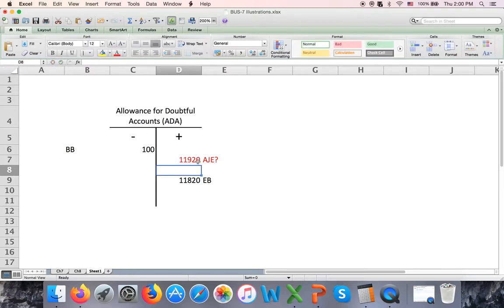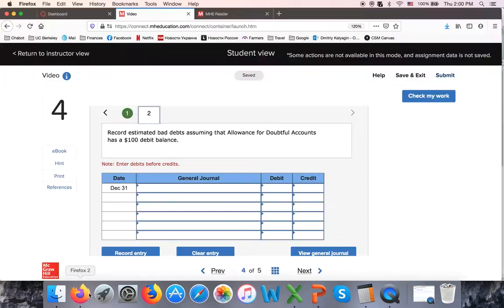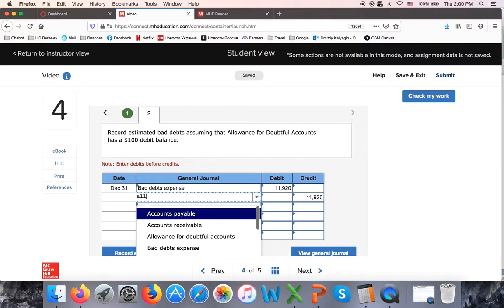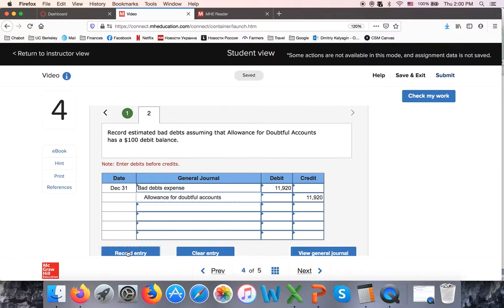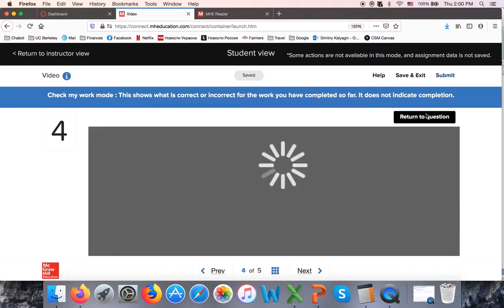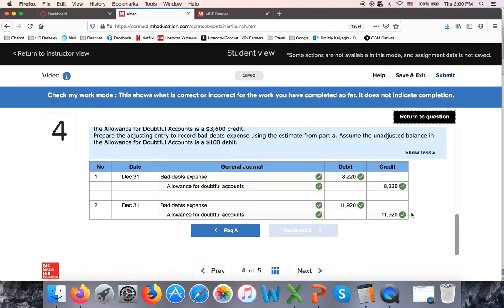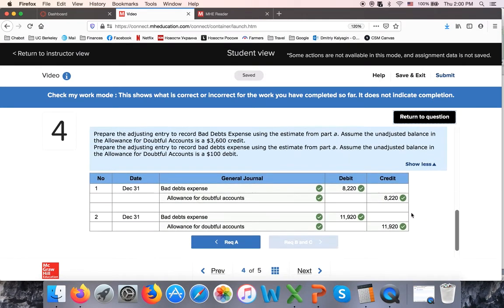So this is my adjustment, 11,920. I forgot to choose my accounts: bad debt expense, debit, ADA, credit, and we are good. Let's check my work, and you can see that everything is correct.